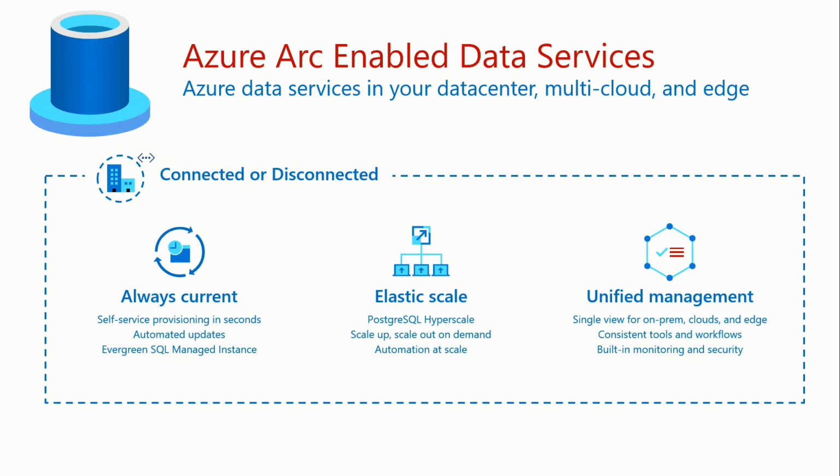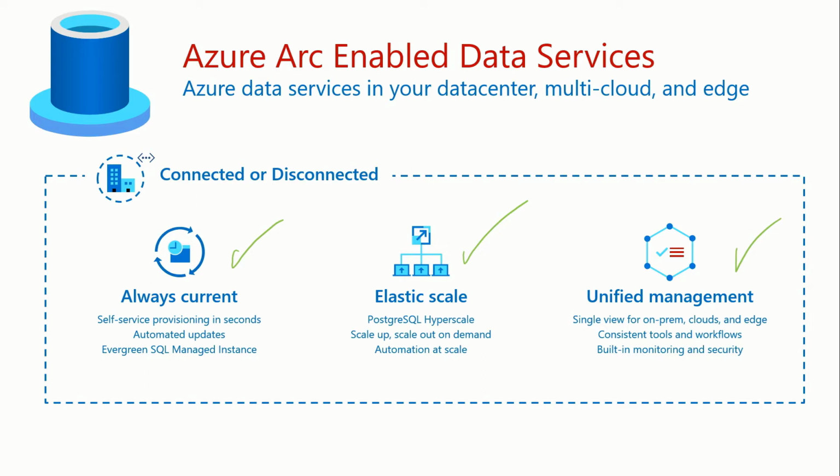Azure Arc-enabled data services is this set of services that typically runs on Azure that we are enabling for you through Azure Arc. With Azure Arc-enabled data services, you can benefit from running always-current software. You benefit from elastic scale, and you benefit from unified management.